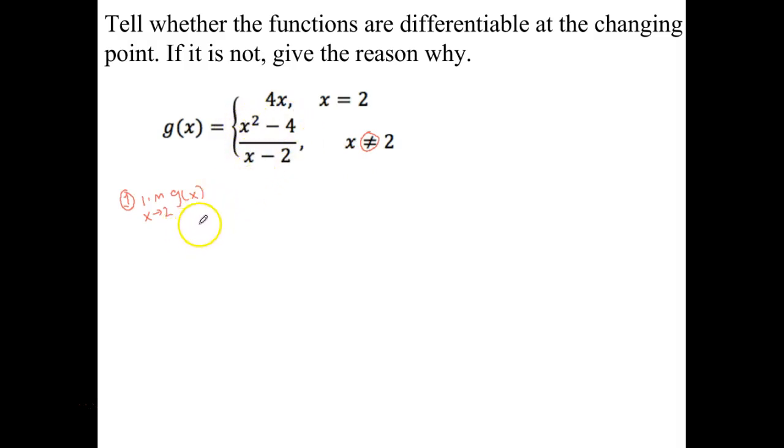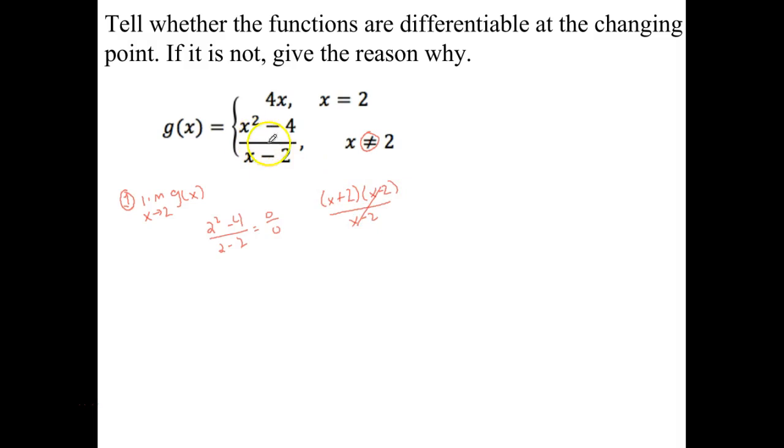So let's see what it is. 2 squared minus 4 all over 2 minus 2, which is going to be 0 over 0. Okay, remember, that's not where you stop, though. Check your limit. If you're checking your limit, you can then factor and cancel, right? So let's do that. We can do x plus 2, x minus 2, all over x minus 2.